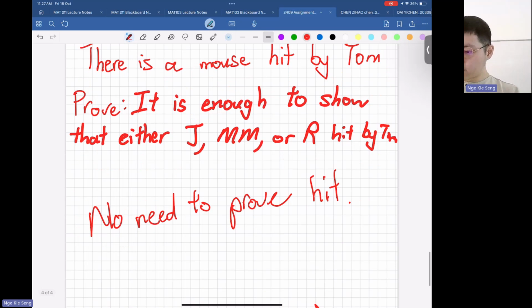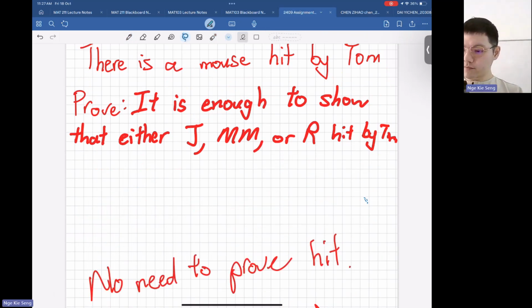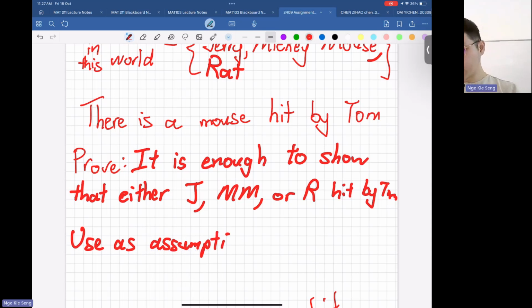But how about if I want to use it? I need to use it as an assumption. Suppose I know already there's a mouse hit by Tom. Can I say that, by assumption, Jerry is hit by Tom?